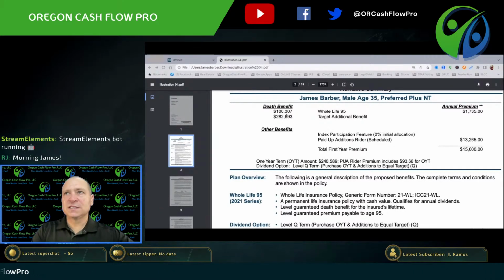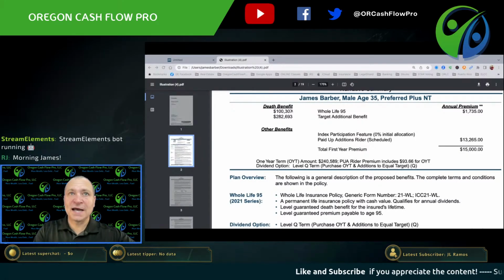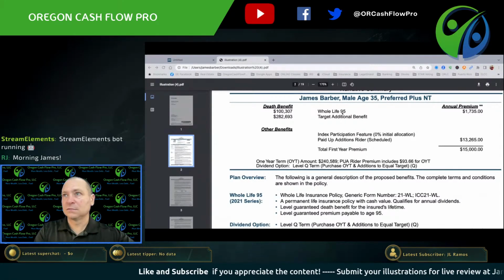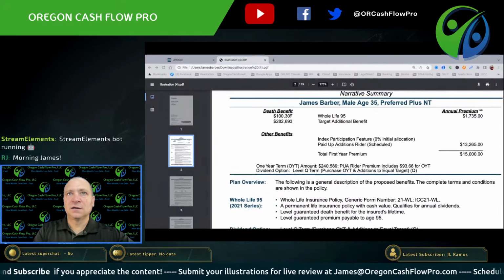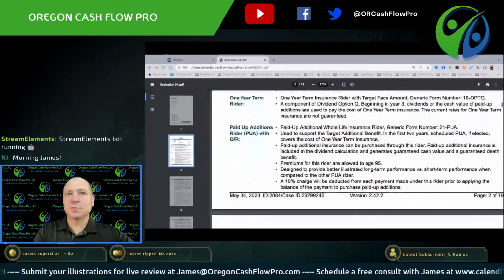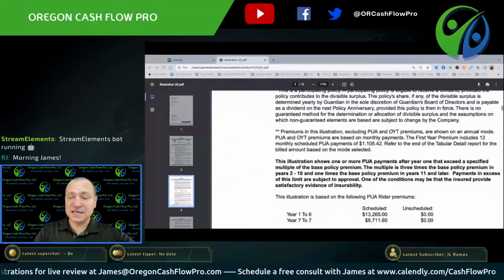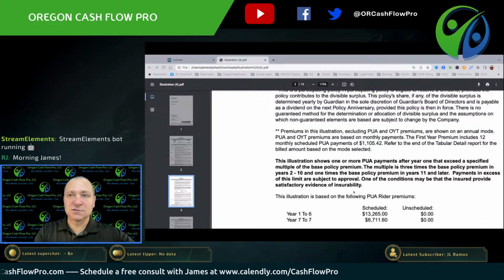The reason we do these types of designs is that it's heavily funding PUAs, which essentially turn into cash value, but it also reduces the commission by a lot. Your commission is generally based on a base premium. So if we had 15,000 a year as the base premium, the commission would be based off of that 15,000.